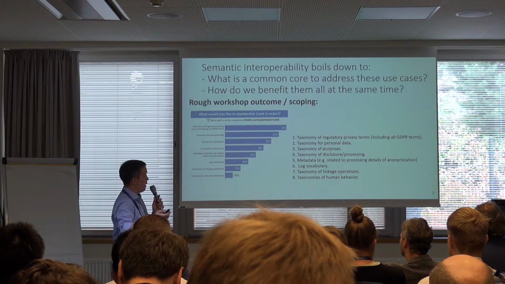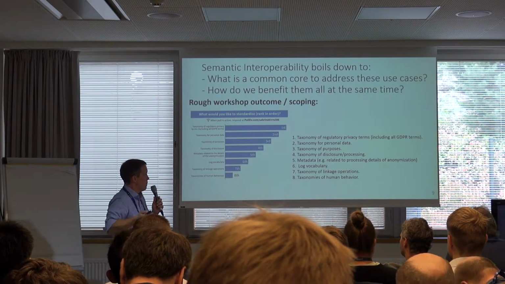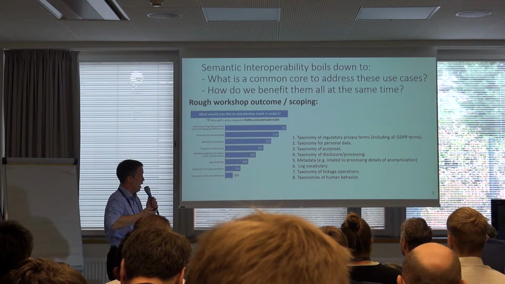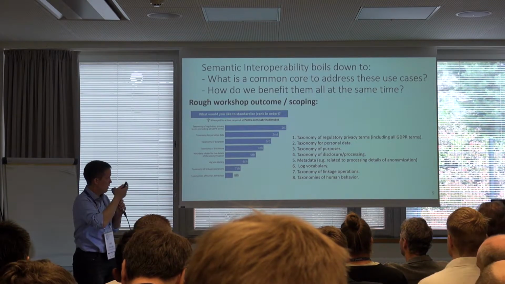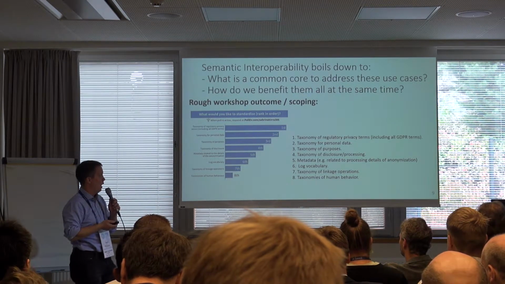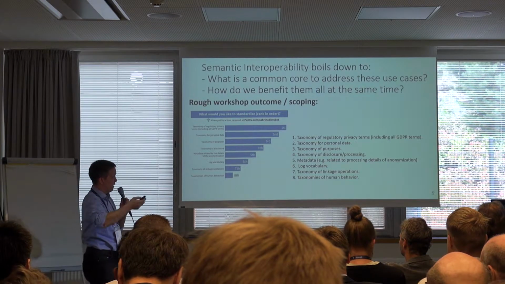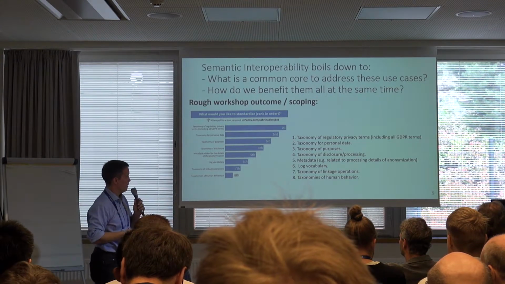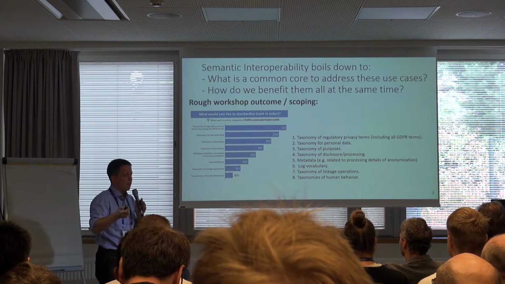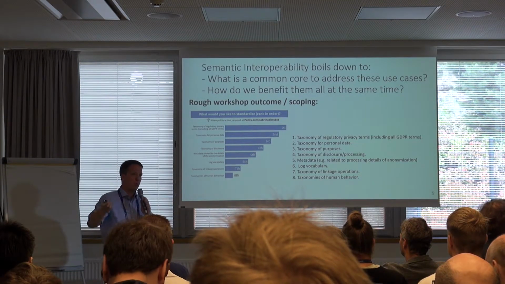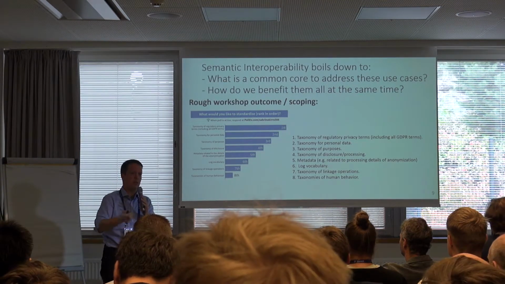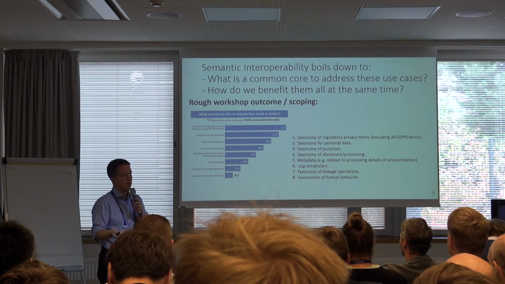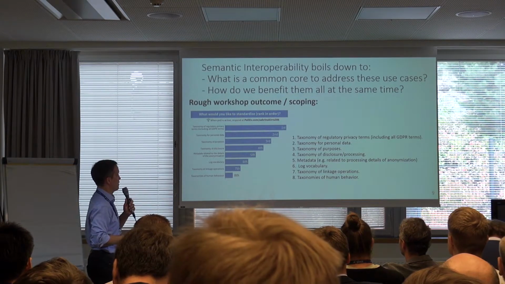A taxonomy of disclosure and processing methods, so what does that mean? And then also other metadata, for instance, processing details of anonymization, provenance details when data has been given to third parties, etc. And then also a base vocabulary maybe for logs. So what do you put in those logs to store privacy information, where you can easily get it out and answer such privacy data access requests.